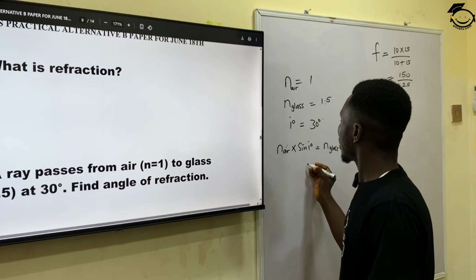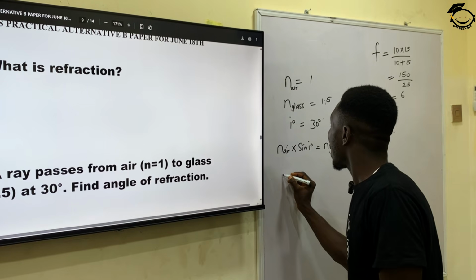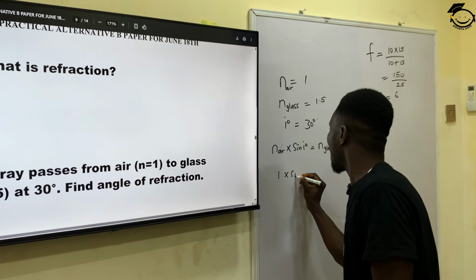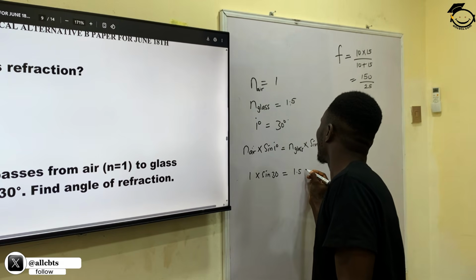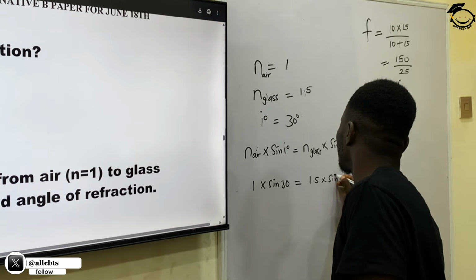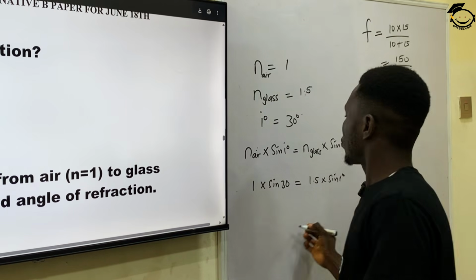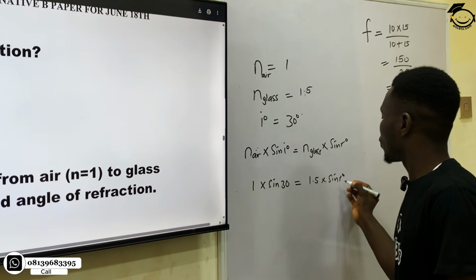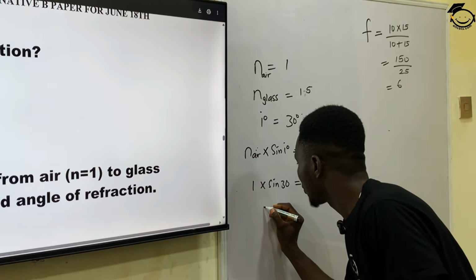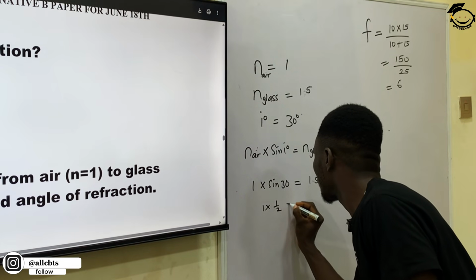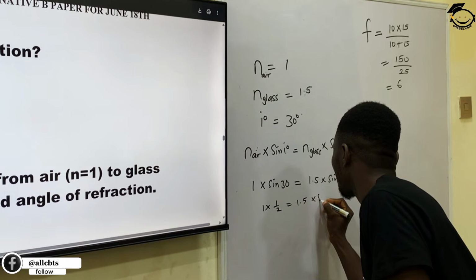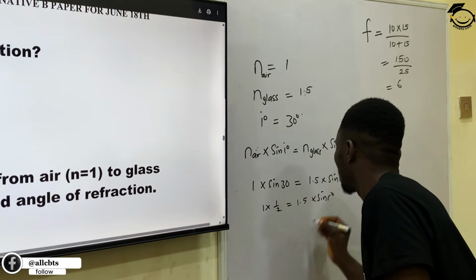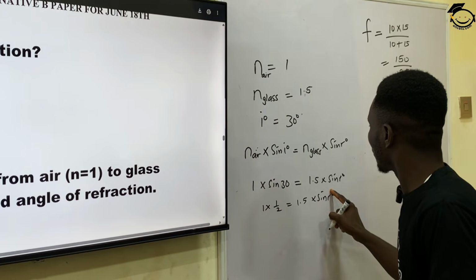Since our angle of refraction is unknown, this means that I have 1 times sine 30 is equal to 1.5 times sine of the angle of refraction. So this will give me 1 times 1 over 2 is equal to 1.5 times sine of the refraction.